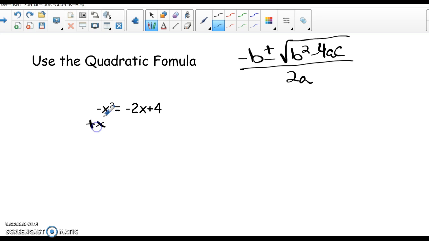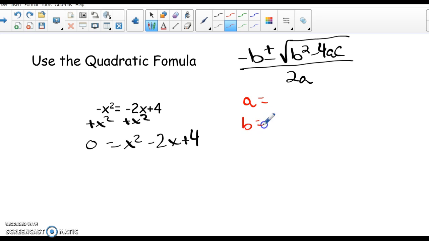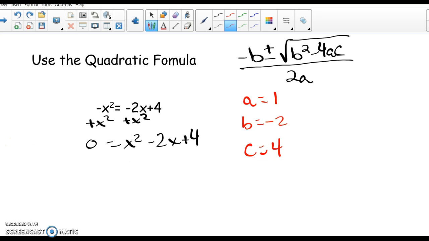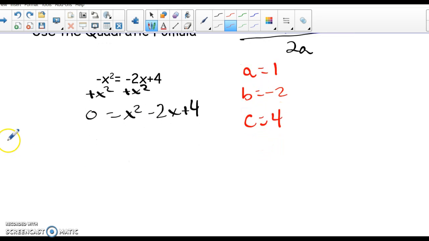So I'm going to add an x squared to both sides. So I get 0 is equal to x squared minus 2x plus 4. Then I identify my a, b, and c values. A is 1. What's in front of x squared? 1. What's in front of the x? -2. What's by itself without a variable? That's the +4.